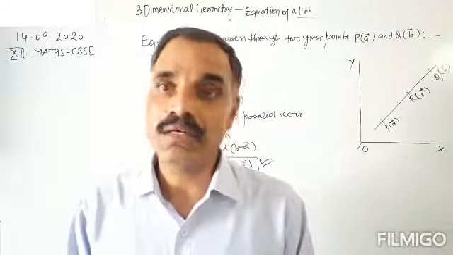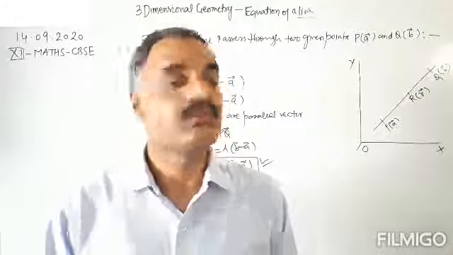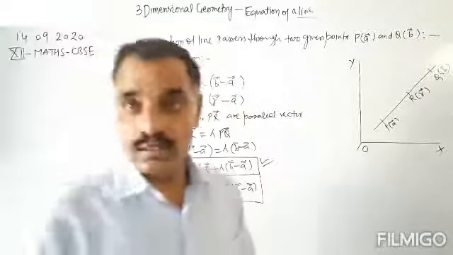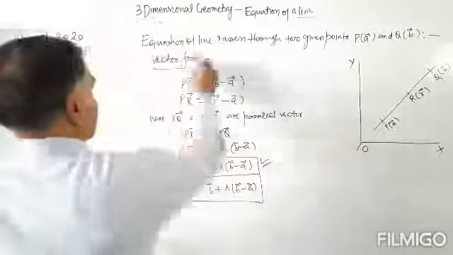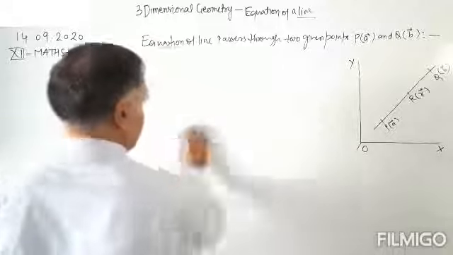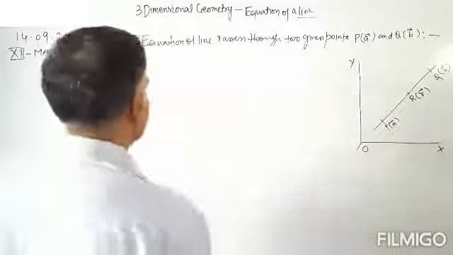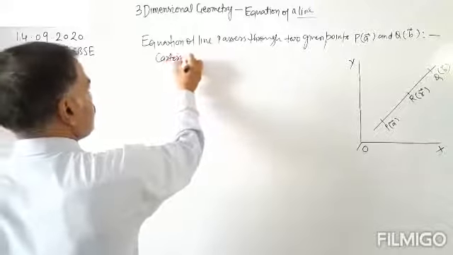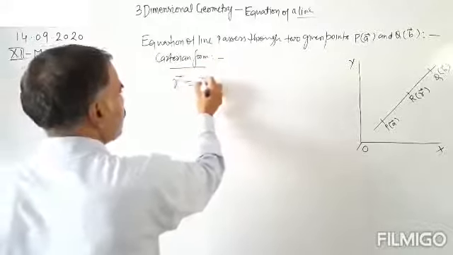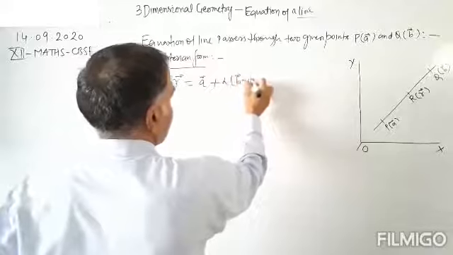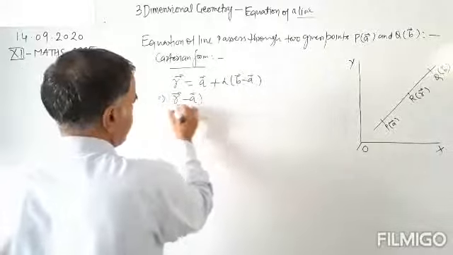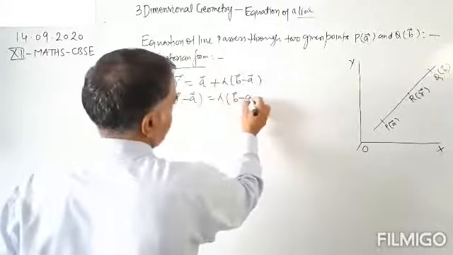Now we will convert this vector form into Cartesian form. So vector form is r vector equals a vector plus lambda times b vector minus a vector, and this can also be written as r vector minus a vector equals lambda times b vector minus a vector.